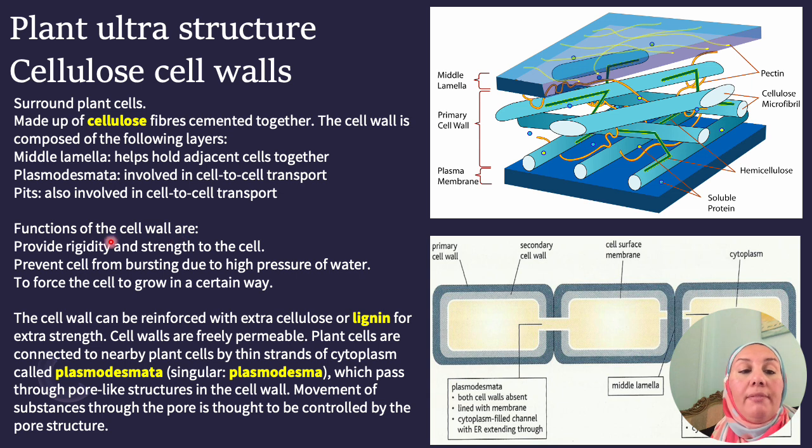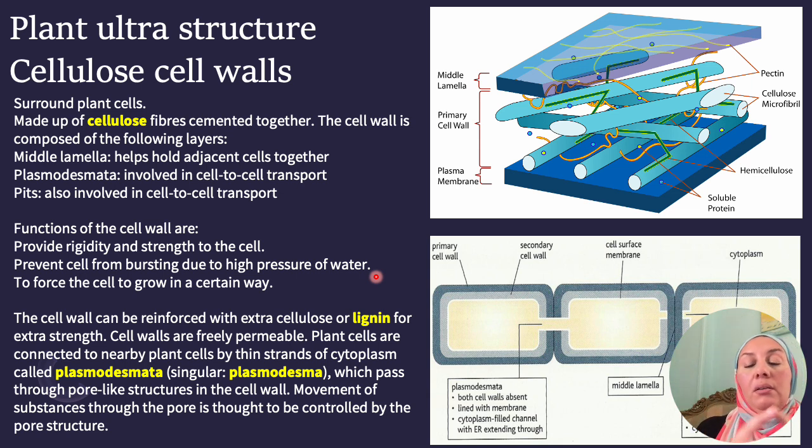Now, cell walls have many functions. They provide rigidity and strength to the cell. That's why the cells do not burst if they have a lot of water inside of them. This helps to give the cells strength by being turgid, by being filled with water.